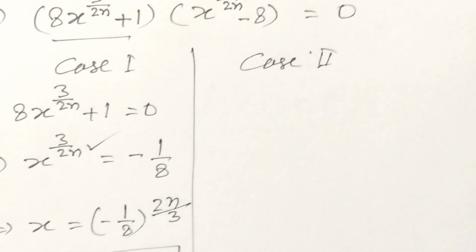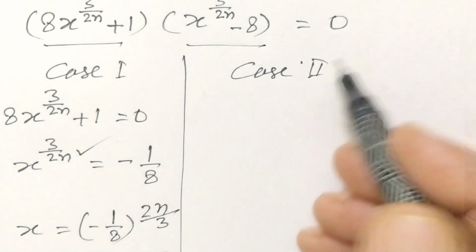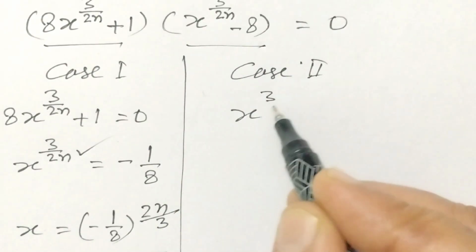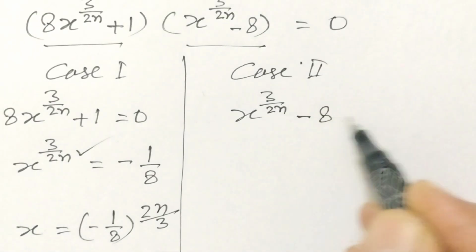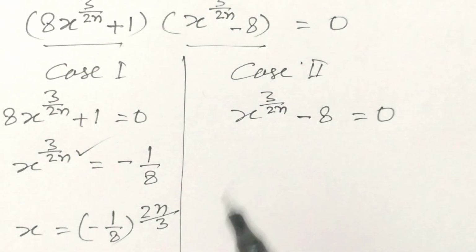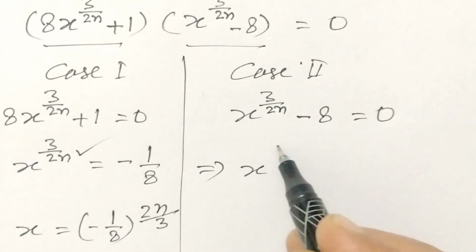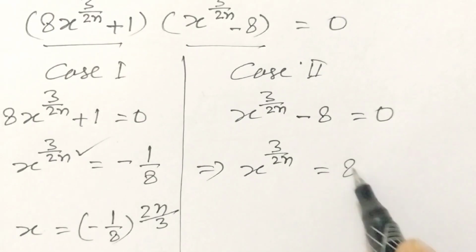Right? If we go with the case second, this x^(3/2n) minus 8 is equal to 0, right? So x^(3/2n) will be equal to 8, right?